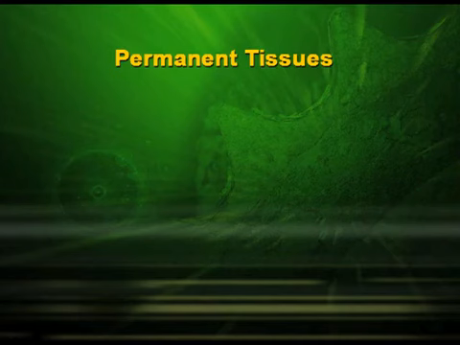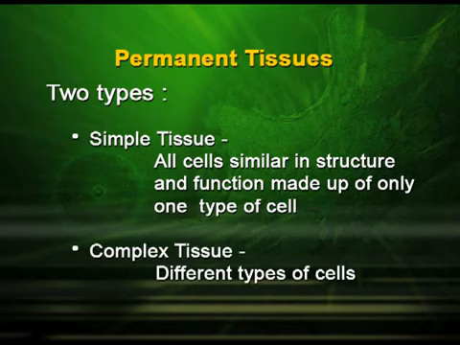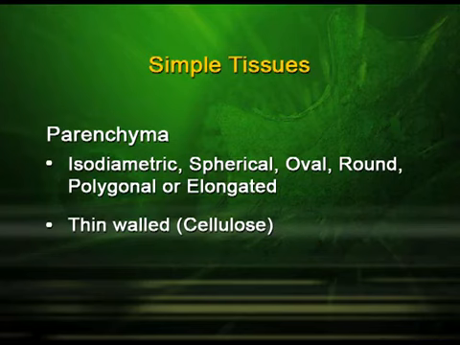Permanent tissues are of two types. The simple tissues, where all the cells are similar in structure and function, and they are made up of only one type of cells. The complex tissues have different types of cells. Under the simple tissues, the first is parenchyma. The parenchymatous cells are isodiametric.